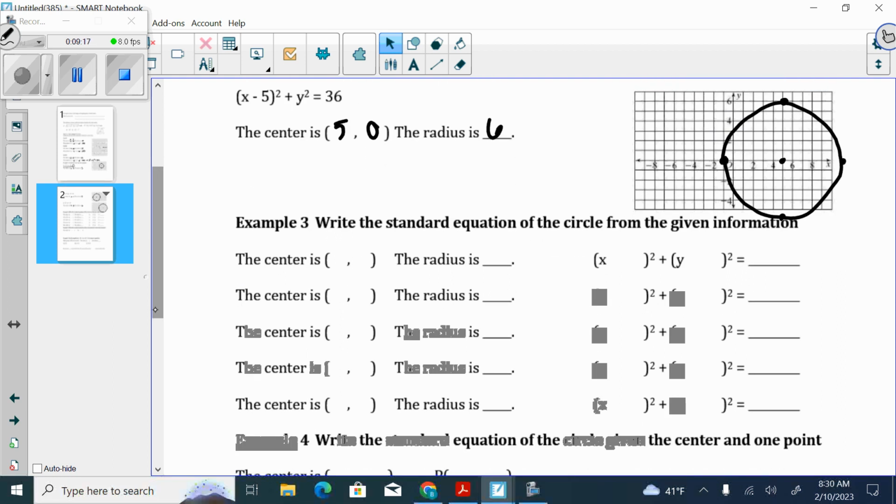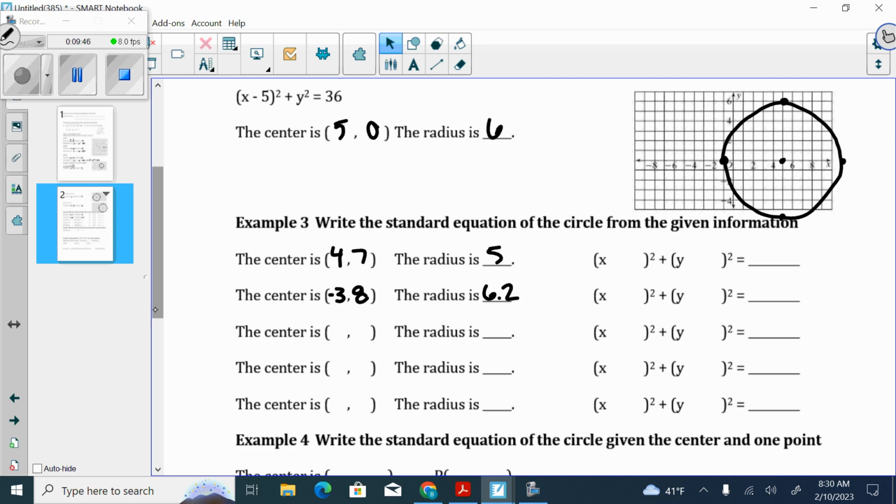Okay, it then says you're going to write the standard equation of the circle from the given information. So I'm going to give you the information for the first column, and then I want you to fill in the second column. The center for this one is 4, 7, radius of 5. This one, the center is -3, 8, and the radius is 6.2.